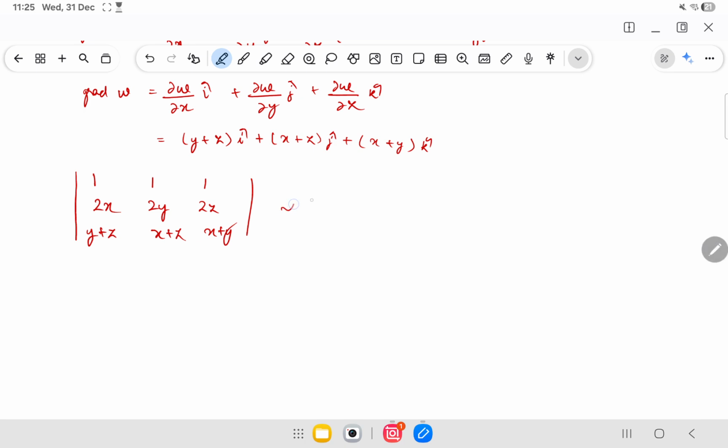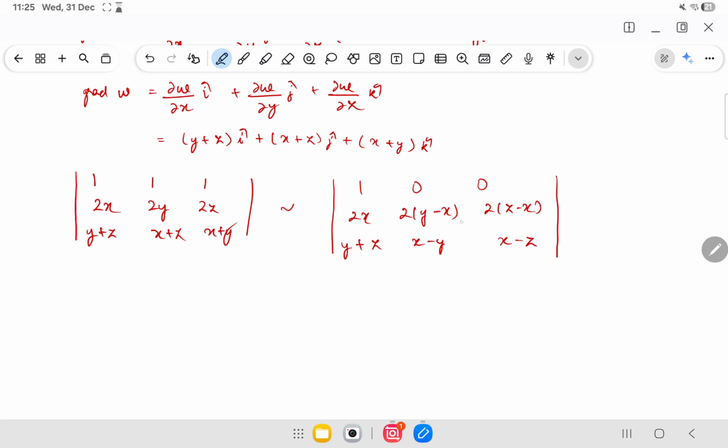So this is the same as 1 0 0, 2x, y plus z, 2 times (y minus x), 2 times (z minus x), which is equal to x minus y, and here x minus z.